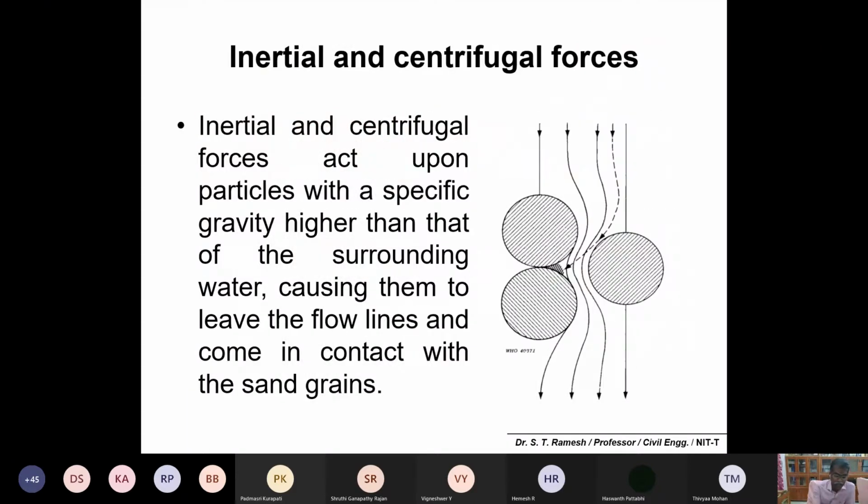Inertial and also centrifugal forces act upon particles with a specific gravity higher than that of the surrounding water, causing them to leave the flow lines and come in contact with the sand grains. Thereby, the separation may happen. So these are the three predominant mechanisms which may happen in filtration beds.